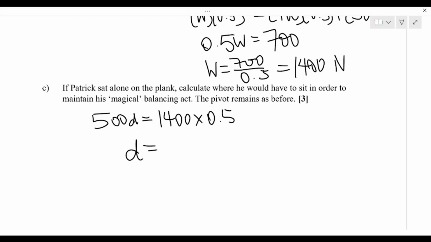Therefore, D is equal to 700 over 500. 1.4 meters to the left of the pivot.